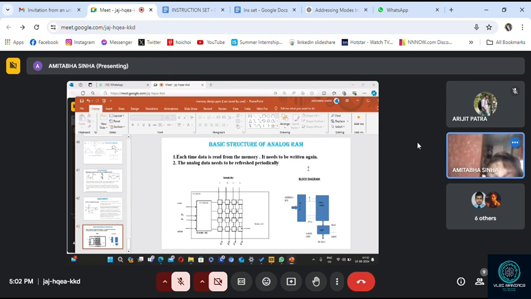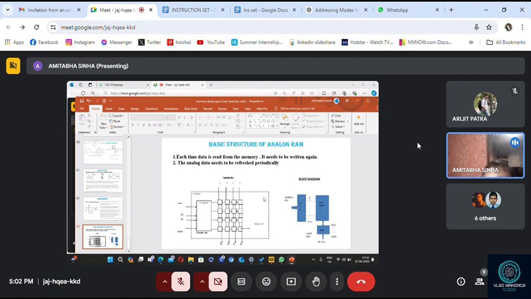But here, in the analog memory, it is based on what? The data is not stored in a flip-flop. Data is stored in a capacitor. What is a capacitor storing? The charge. Charge is basically Q equal to C into V, we know that. So voltage is stored in terms of charge.